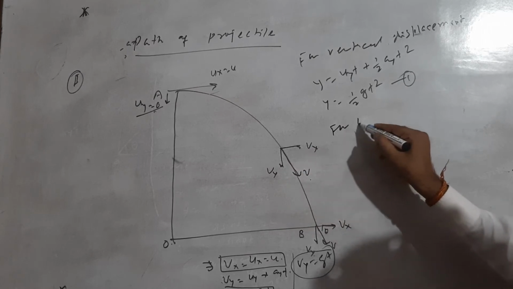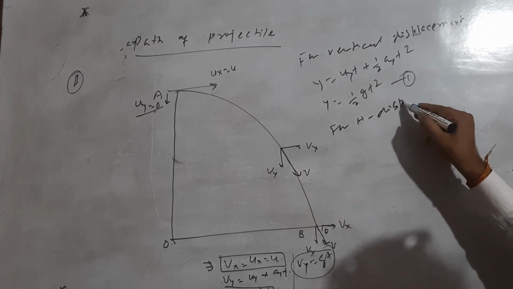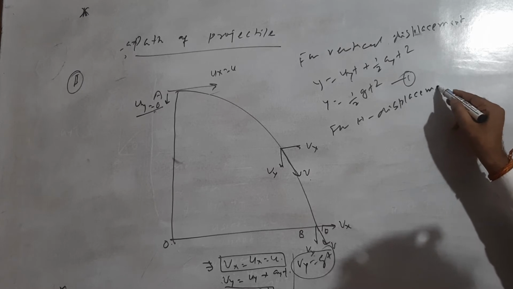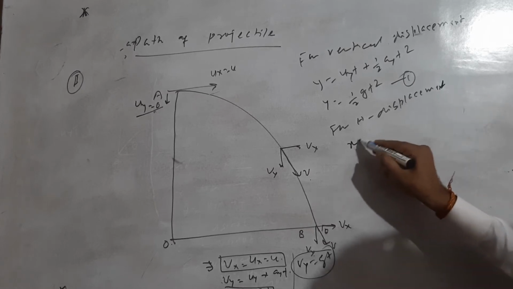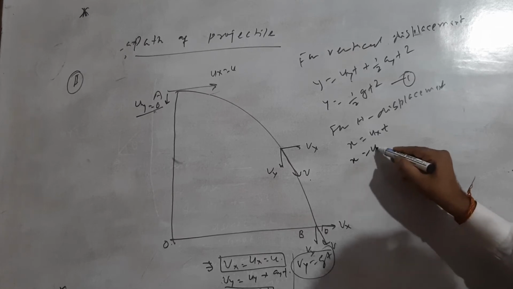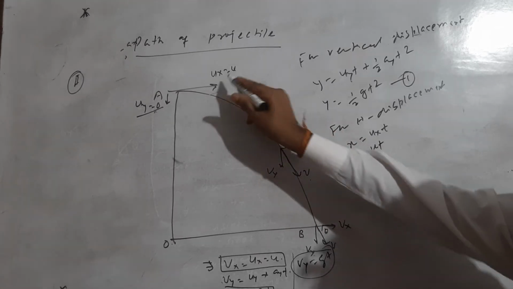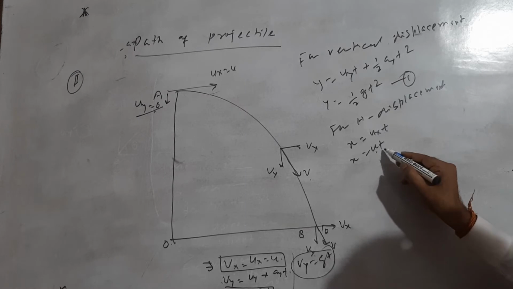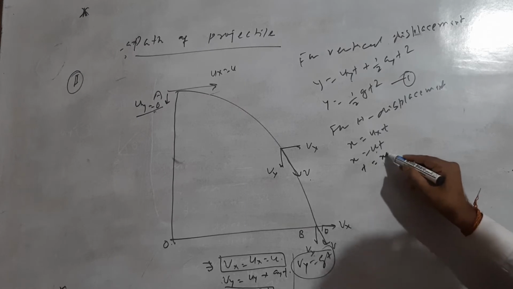For horizontal displacement, x is equal to ux into t, x is equal to ut, because u is the velocity along the x-axis, and t equal to x by u.